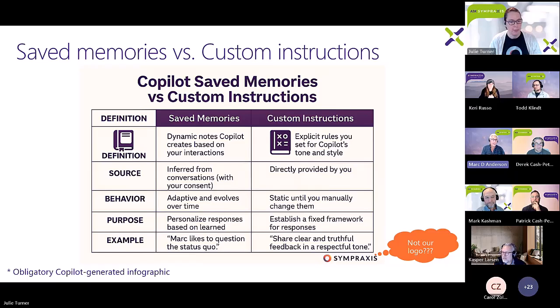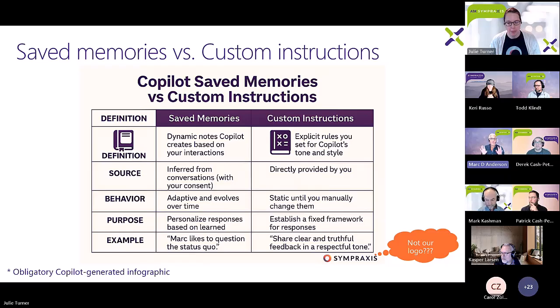And if you phrase things a certain way, like remember that I'm an iconoclast, I would never say that, then Copilot sort of says, "Oh, you're an iconoclast, so we want to give you information back that way." Whereas custom instructions are, I want you to use a formal tone, and I want you to do this, and I want you to do that. They're not learned. They're things that you choose to tell Copilot about who you are.